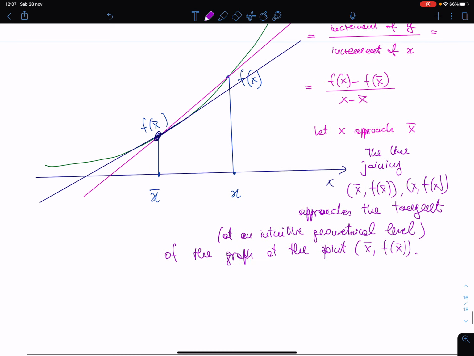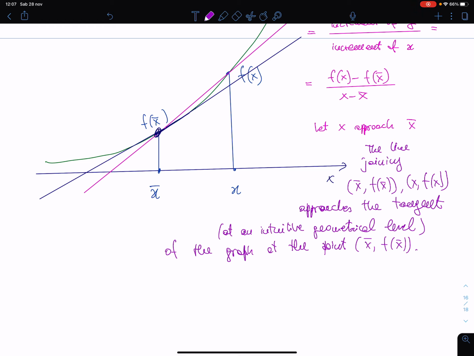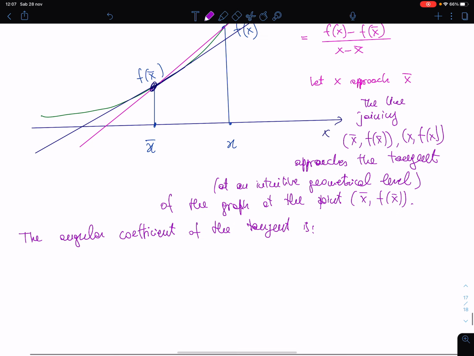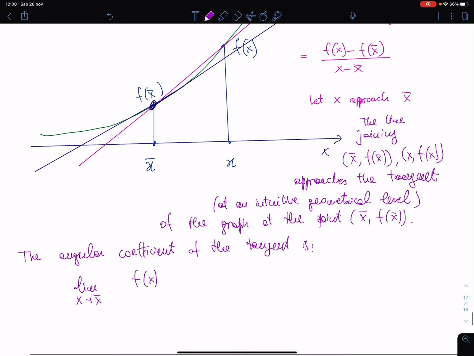Now, the angular coefficient of the tangent is this guy here: the limit for x going to x bar of the angular coefficient of the other lines, f of x minus f of x bar, divided by x minus x bar.